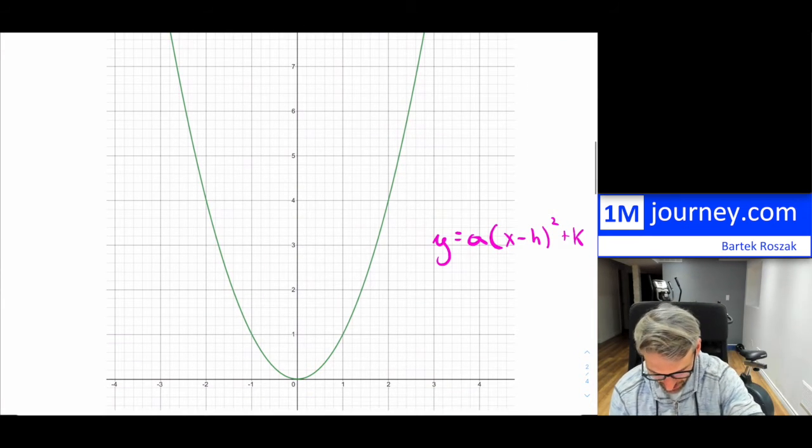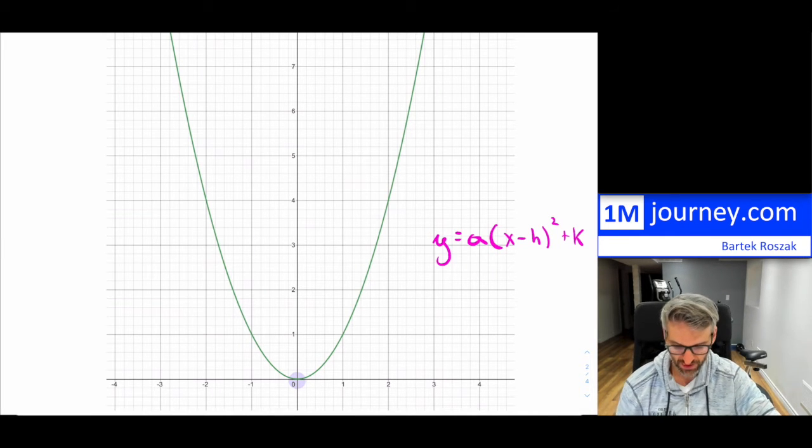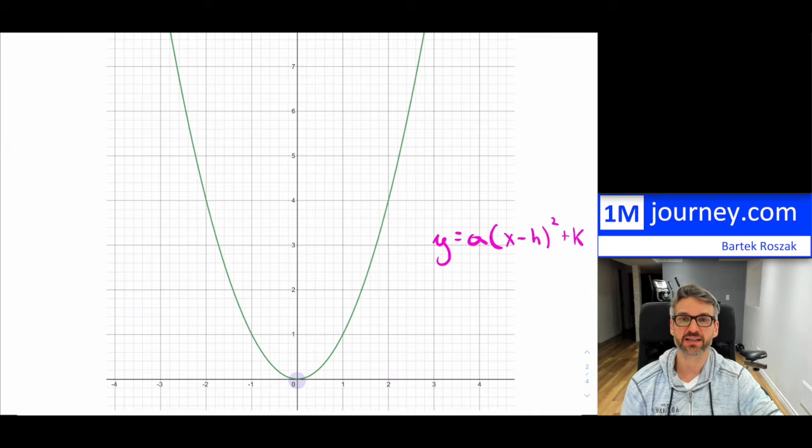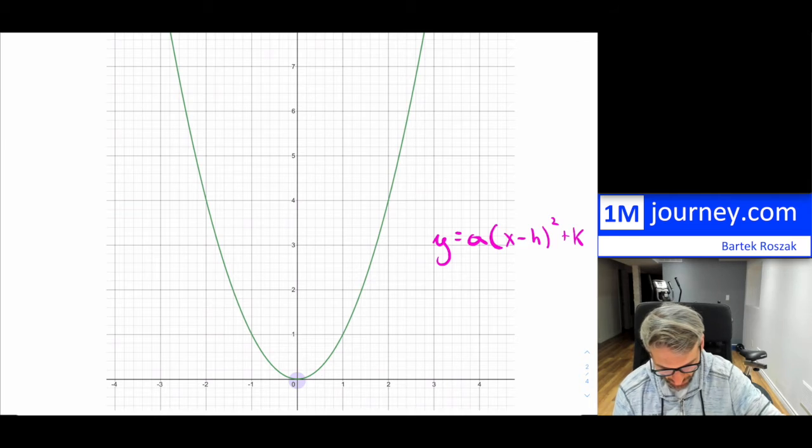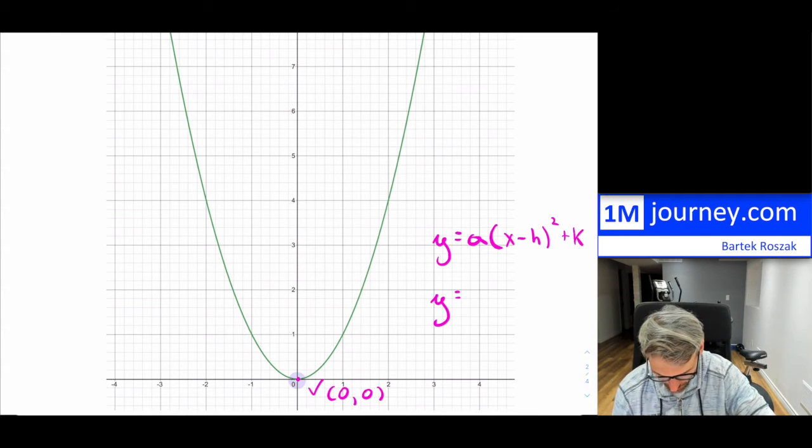Now this vertex right here is pretty simple. That vertex happens on the grid at the point 0, 0. That's pretty easy to fill out. I can see that it's 0, 0 there because that's the lowest point.